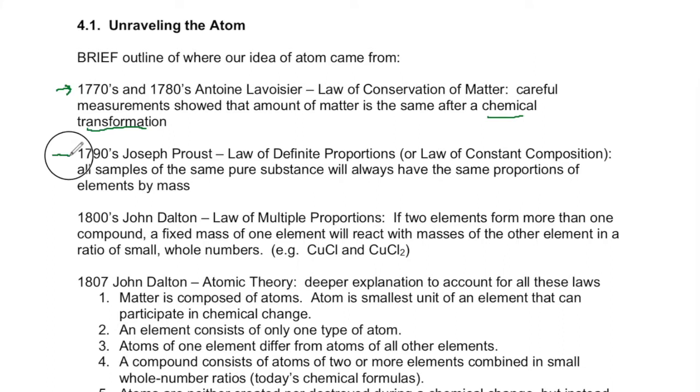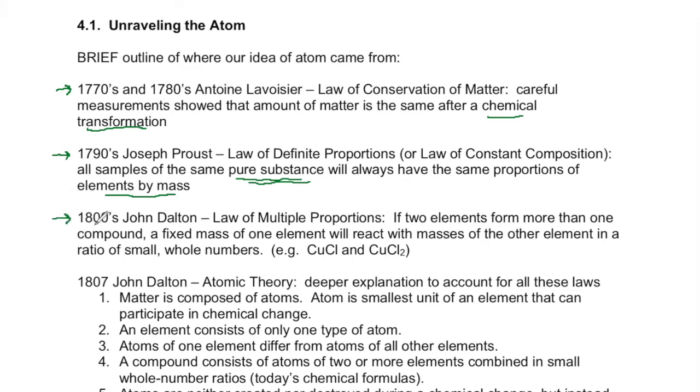Then it was further noted that if you have a pure substance and you analyzed what elements it's made of by mass, then that ratio is always going to be the same. So sodium chloride would always have the same amount of sodium and chloride by mass. The mass of the sodium wouldn't equal the mass of the chloride, but it would be the same ratio in every pure sample of sodium chloride that you came up with.